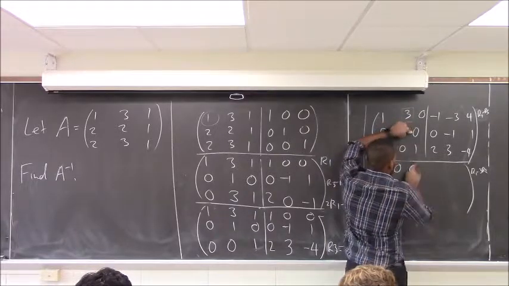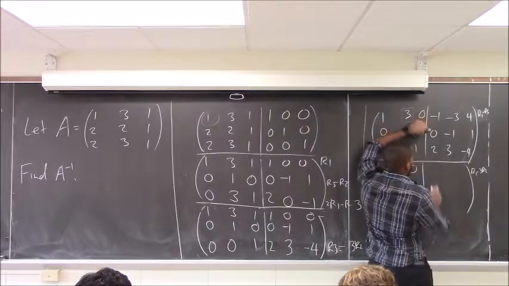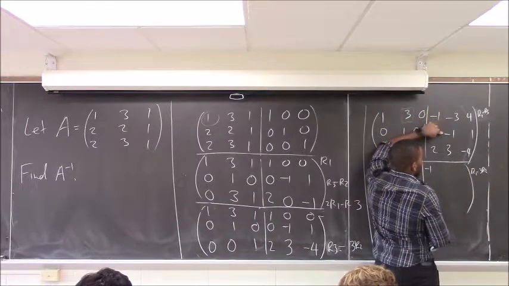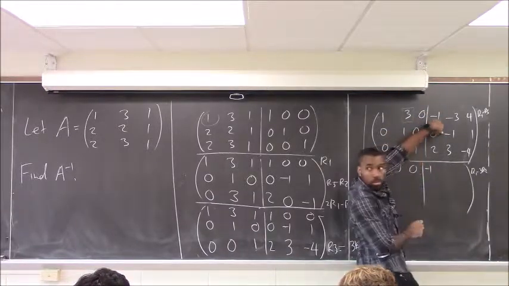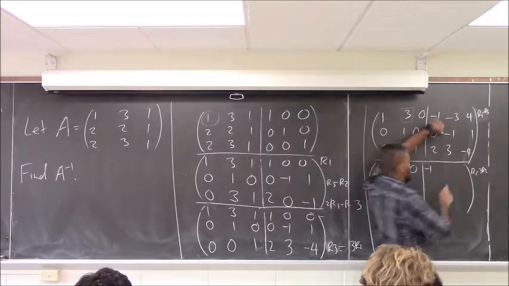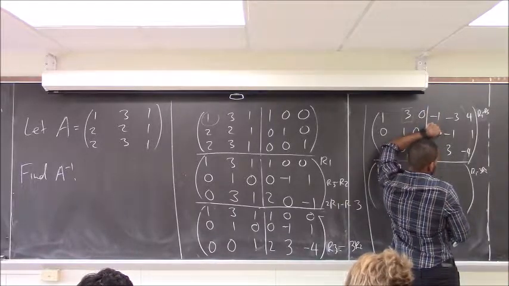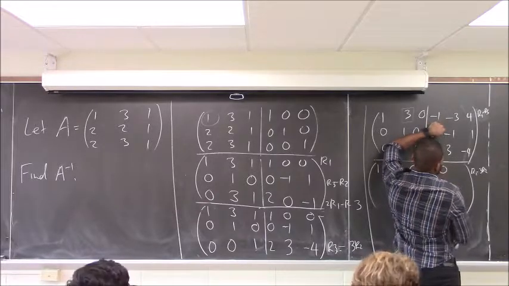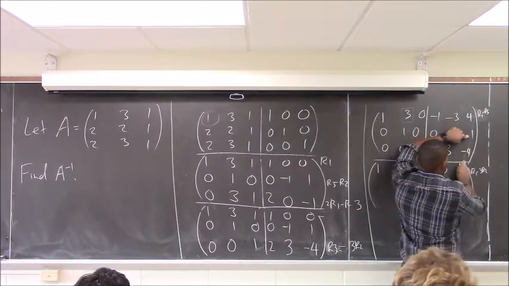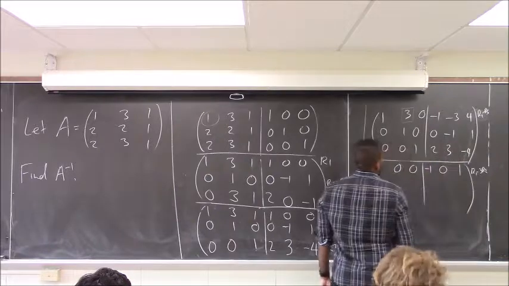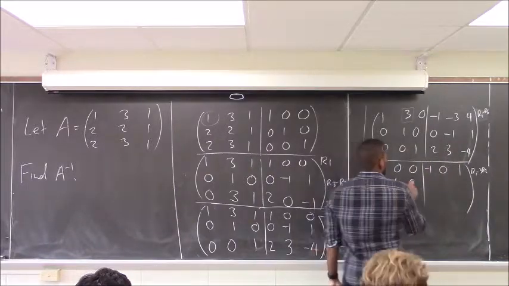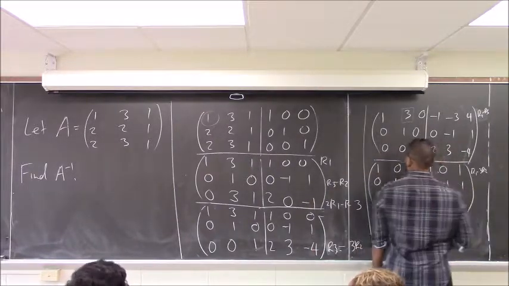This minus 3 times that, 0. This minus 3 times that, minus 1. This minus 3 times that gives me a plus 3, and so that'll be a 0. This minus 3 times that, that'll leave me with a 1. And I think everyone else is cool.